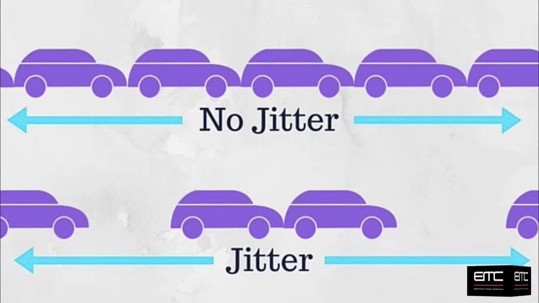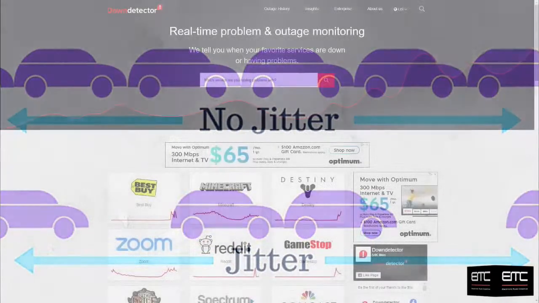If that acknowledgement doesn't come, it automatically is going to try to resend those packets again and again and again, causing jitter. So latency and jitter are both two factors that should definitely be addressed when talking about your upload speed.